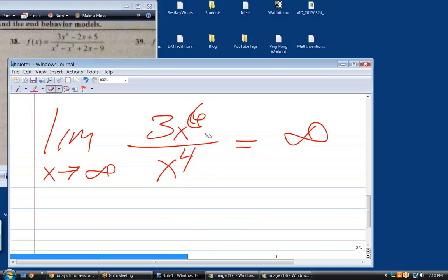Okay? So there's only 3 cases you have to memorize. One is where the exponent is bigger in the numerator. That's always going to infinity. The other is where the exponent's bigger in the denominator. That's always going to 0. And the third is where they're the same, and that's always going to the ratio of the coefficients.